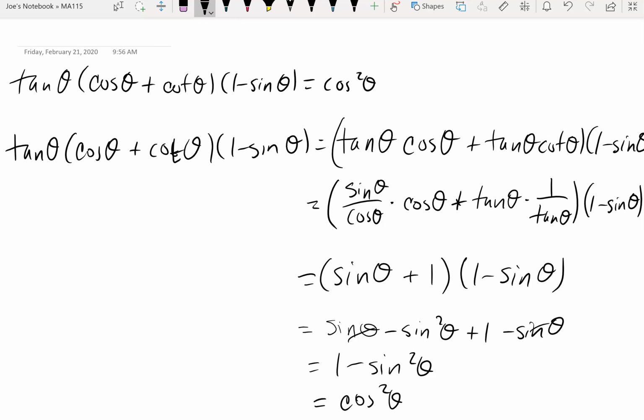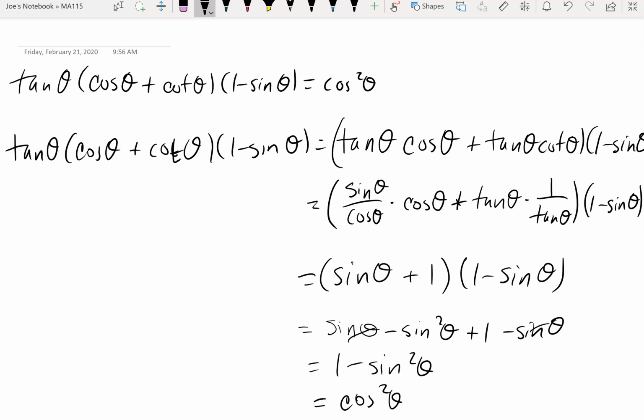So this one again illustrates a couple of things we talked about last time. We talked about replacing tangent with sine over cosine. Here's another one of the reciprocal identities, right? We've got this idea of simplifying the more complicated side. And then here again, like we mentioned last time, make sure you're paying attention to those Pythagorean identities.